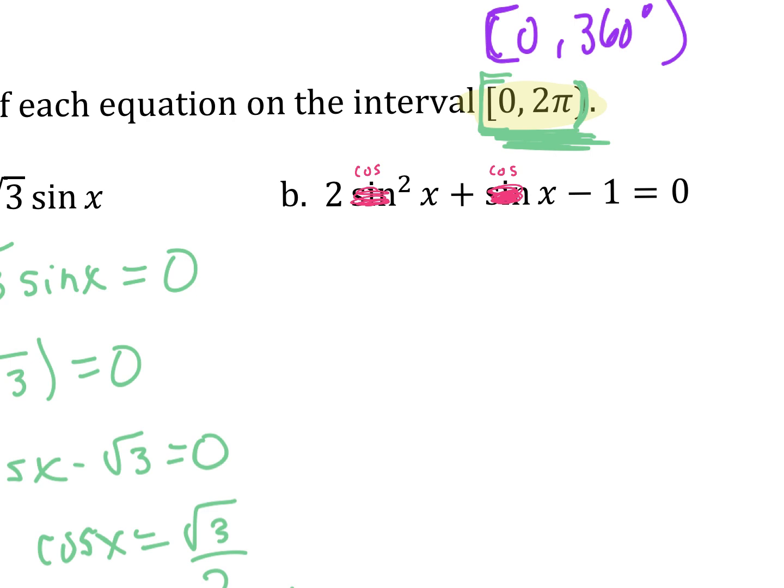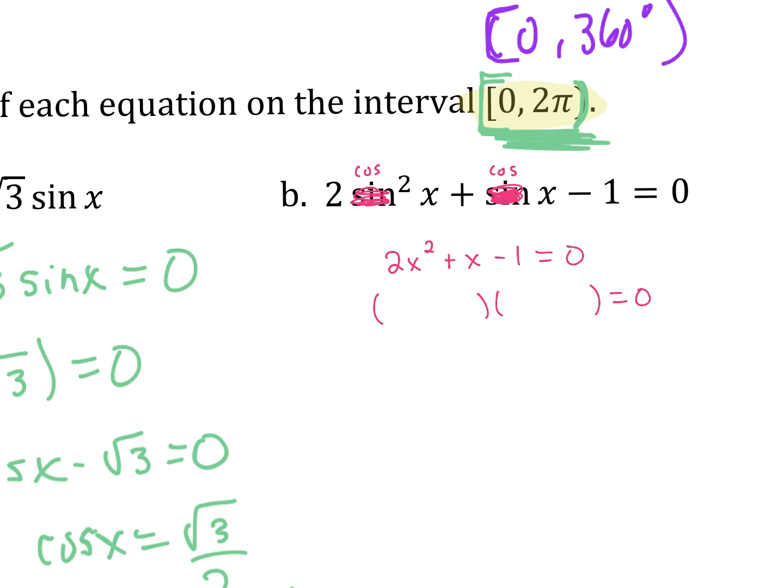If you think about what this is saying, we have 2x squared plus x minus 1 equals 0. So we need to factor that. We'll go back and put the cosine x in there. But yeah, Katie, you're exactly right. It's a lot of algebra here.